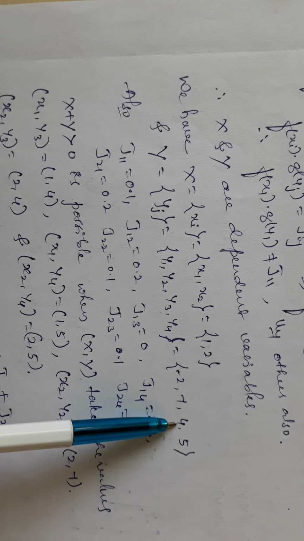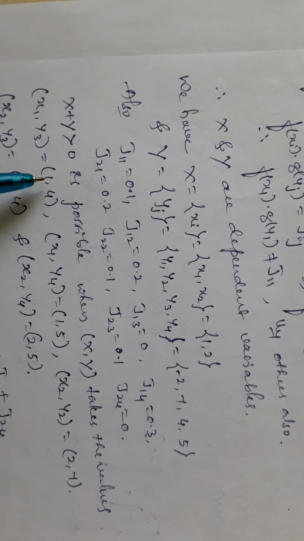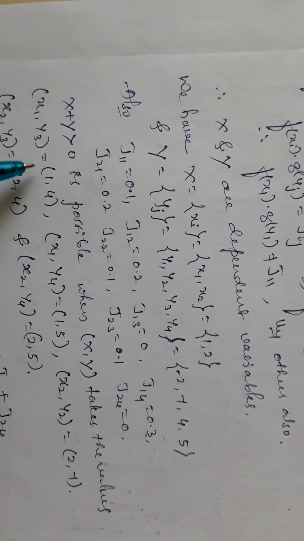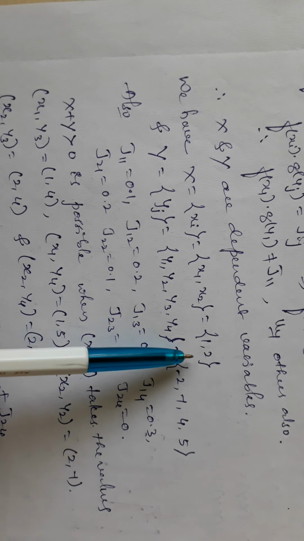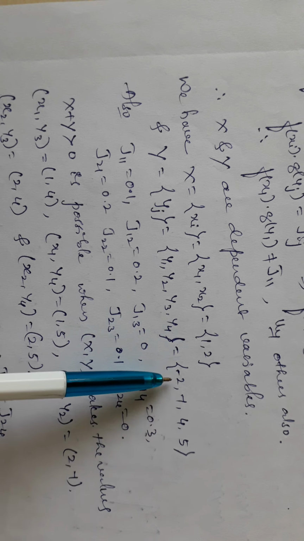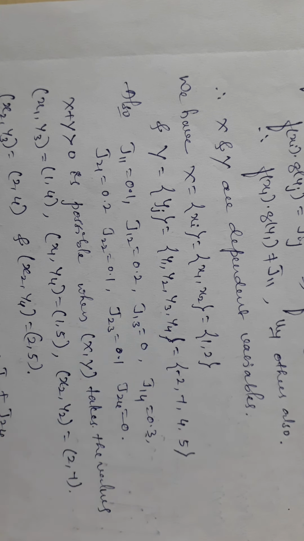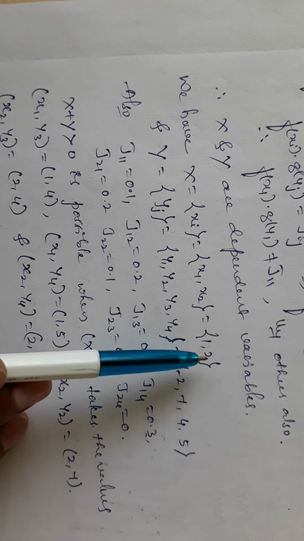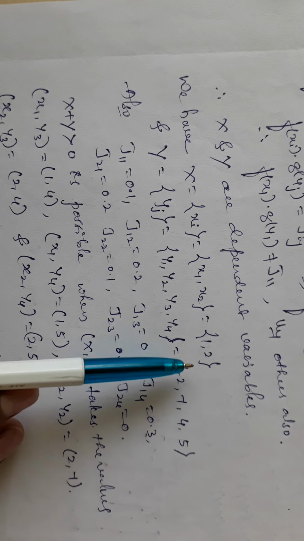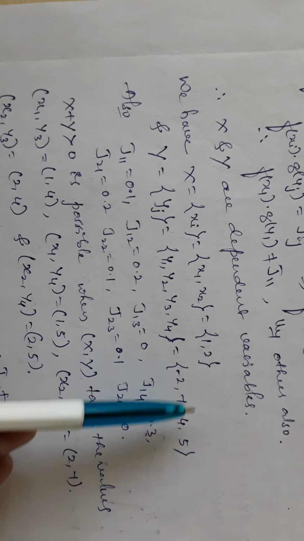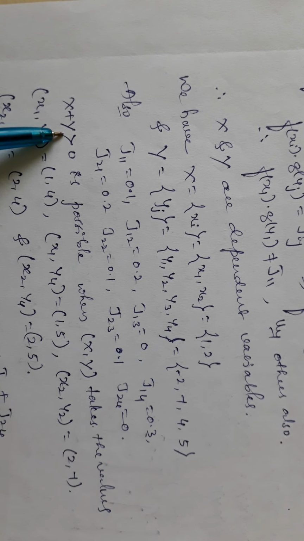Therefore, we take y3, that is 1 comma 4, 1 plus 4 is 5, which is positive, so this satisfies. Similarly, x is 1 and y is 5 also satisfies. Next, x2 is 2 and y is minus 2 does not satisfy. Therefore, next x2 y2, that is 2 and minus 1, satisfies, 2 and 4 satisfies, 2 and 5 satisfies, meaning x plus y should be positive, that is greater than 0.